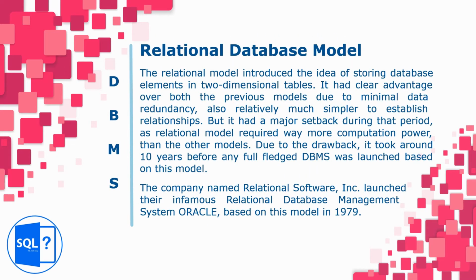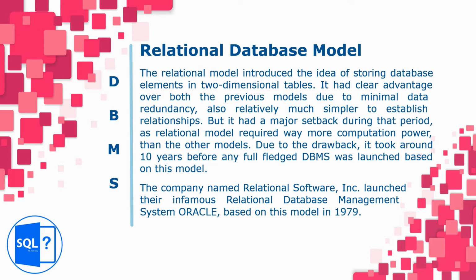Relational database model. The relational model introduced the idea of storing database elements in two-dimensional tables. It had a clear advantage over both the previous models due to minimal data redundancy, and it was also relatively much simpler to establish relationships. But it had a major setback during that period, as the relational model required way more computational power than the other models.